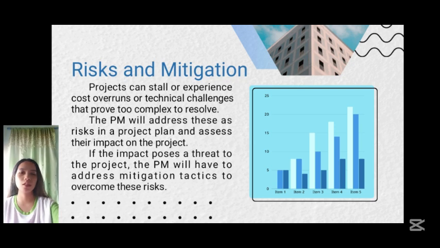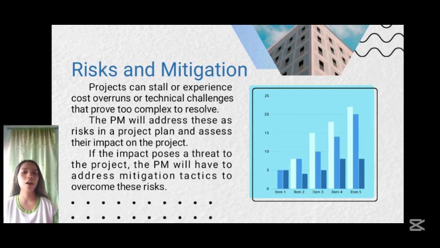risk. Every project, as I said a while ago, faces potential risks such as delays, budget overruns, or unforeseen technical issues. So the project manager will identify these risks and evaluate their potential impact on the project scope, timeline, and cost.